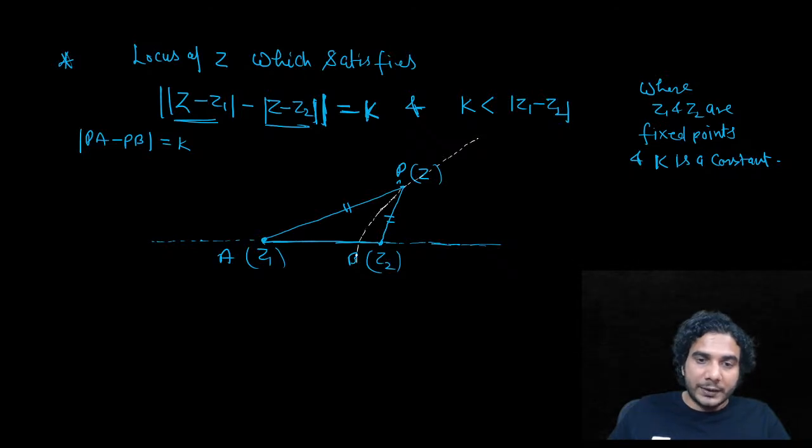So you know a hyperbola has two branches. One is this branch and the other branch is this.